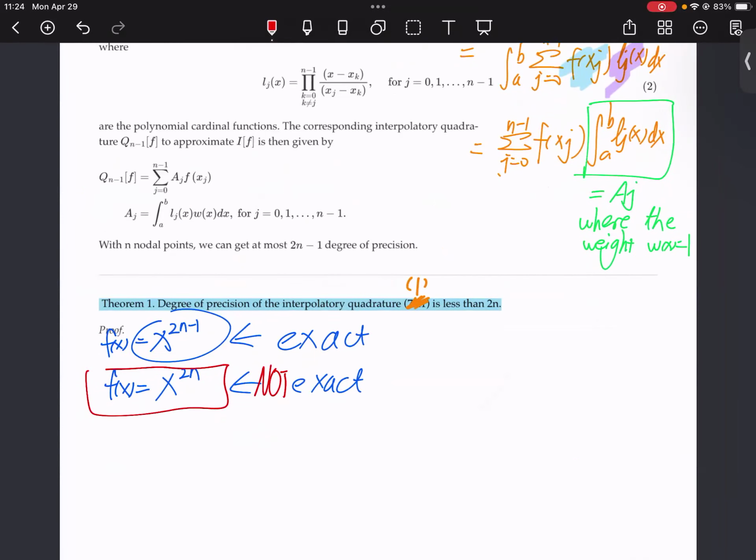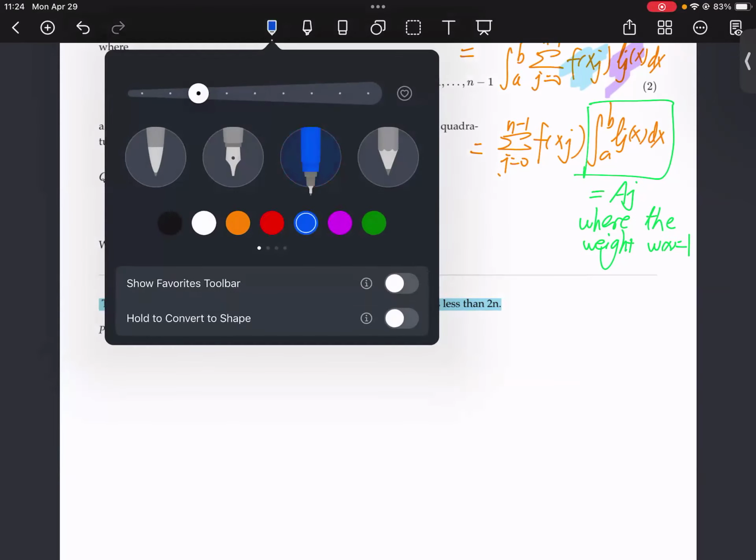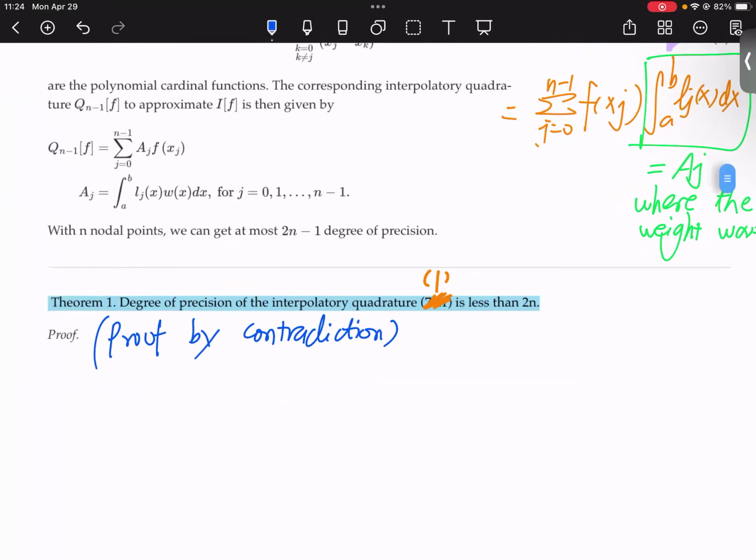Let's take a look. We are going to do a proof by contradiction. This is the definition of the degree of precision. Proof by contradiction is something you learn in Math A, which tells you how to do it. First, you need to assume the conclusion is not correct. The conclusion is that the degree of precision is less than 2n.